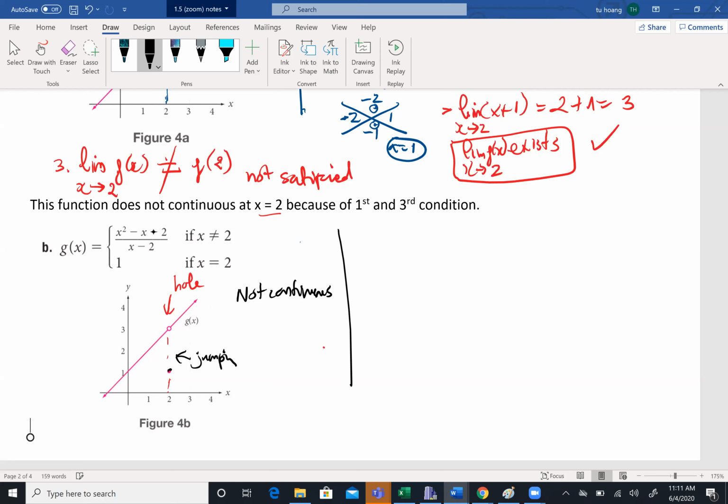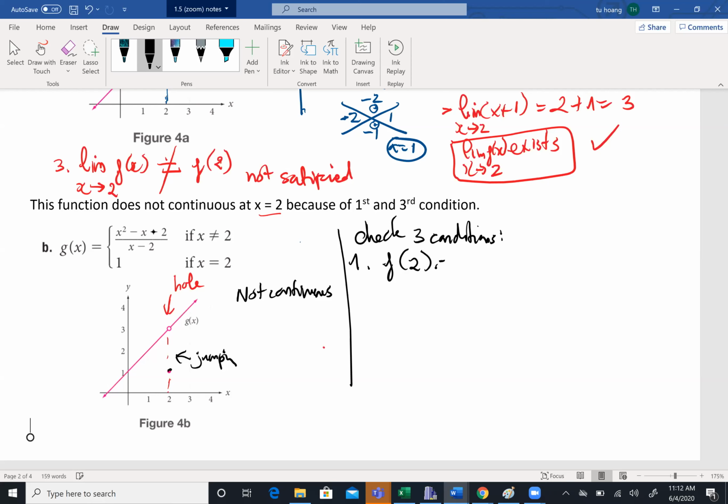Okay. And now if I want to try to check the three conditions without looking at the graph, the first one will say f of 2.